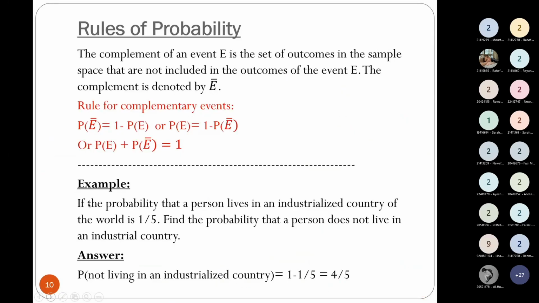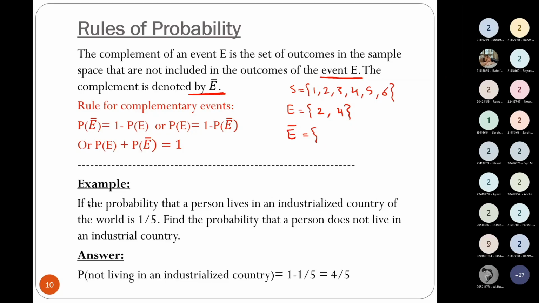Look at the rules of probability. We have many rules. The first rule is for complement. If we have event E, the complement is E bar. For example, if S equals 1, 2, 3, 4, 5, 6, and the event E equals 2, 4, then the E complement equals what?